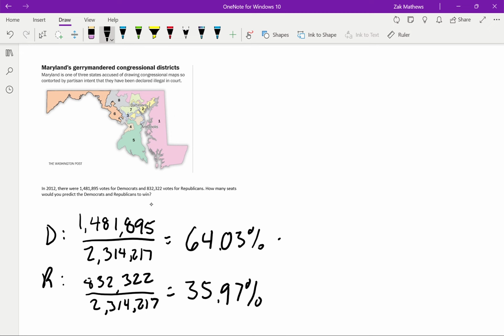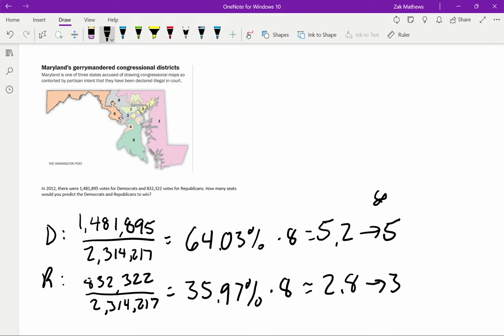If we do their expected seats, we'd multiply this by 8. I might do the Republicans first just because I have that number in my calculator right now. So they should win about 2.8 seats, or what we would think of as 3 seats. The Democrats would win about 5.2, or about 5 of the seats. That's what we would predict.